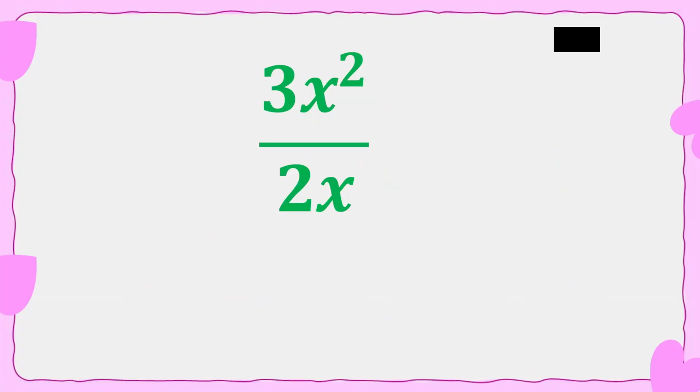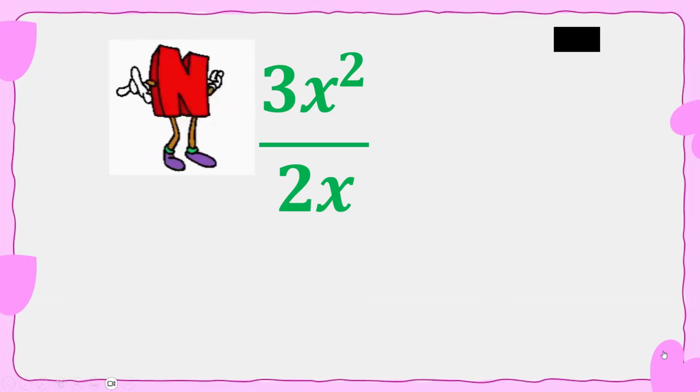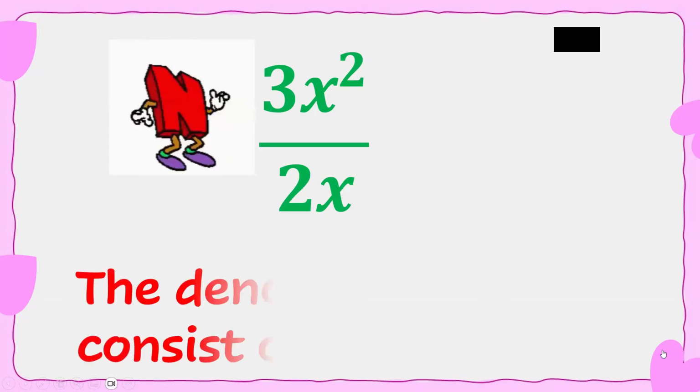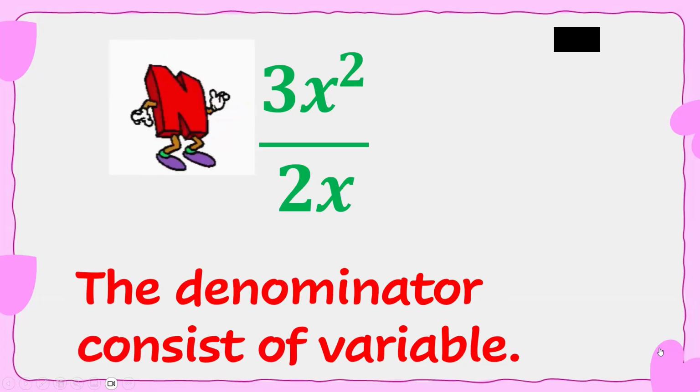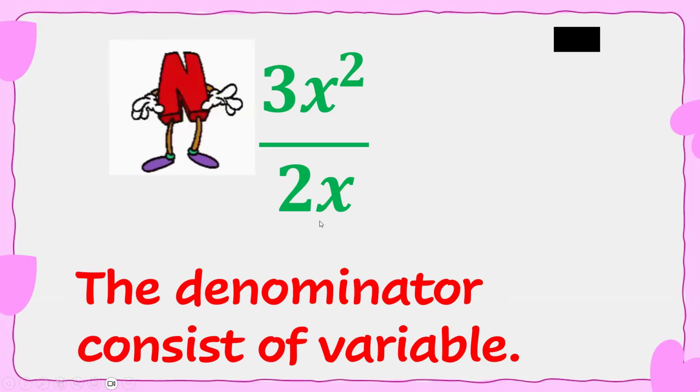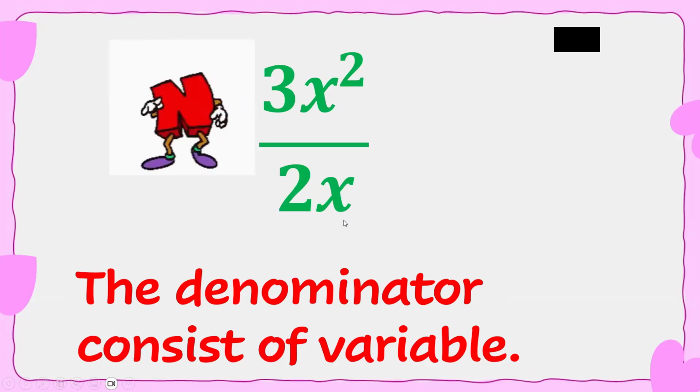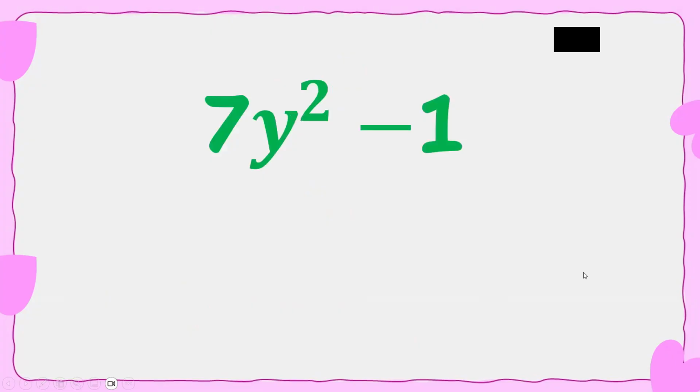Do you think it is a polynomial or not? Alright, still, it's not a polynomial. And the reason is the denominator consists of a variable. If you still remember, one condition that an expression might not be a polynomial is that it contains a variable in the denominator. Next one, we have 7y squared minus 1.